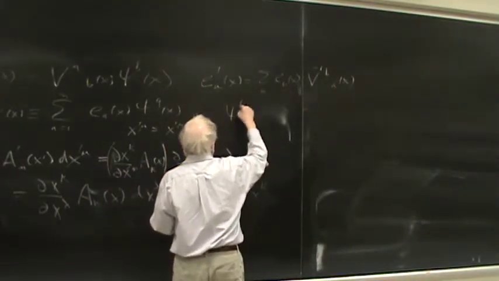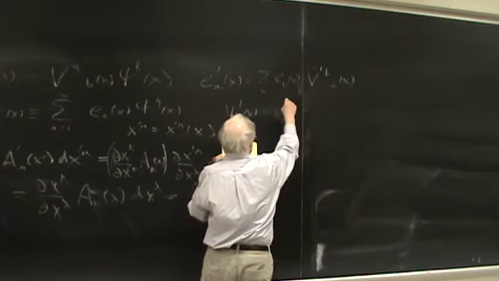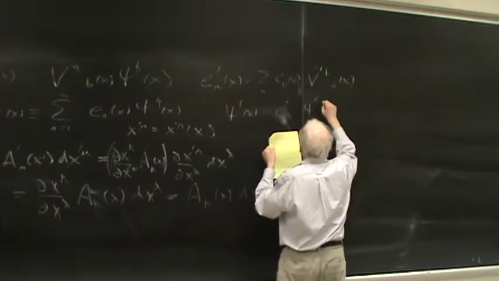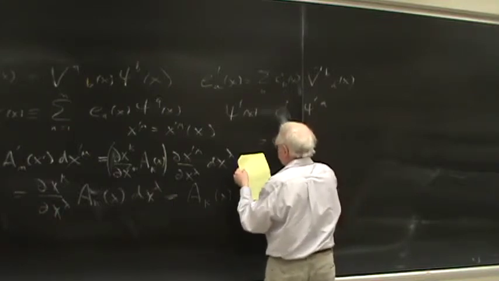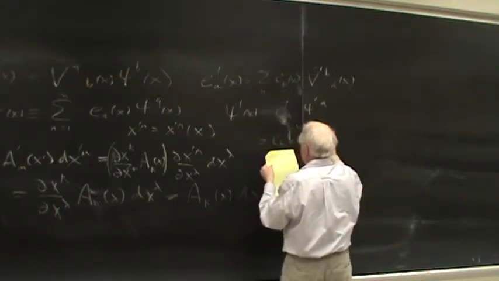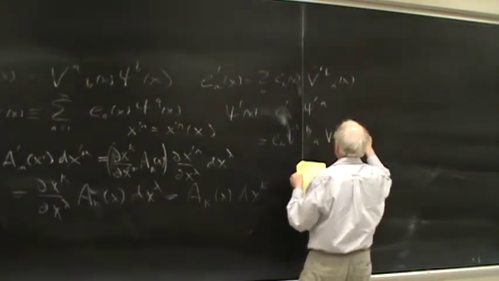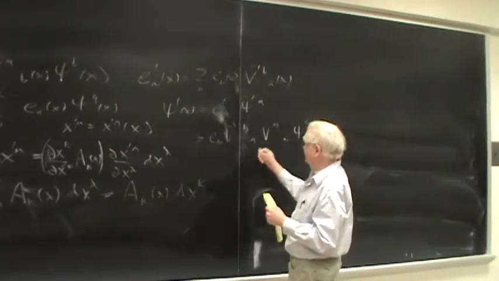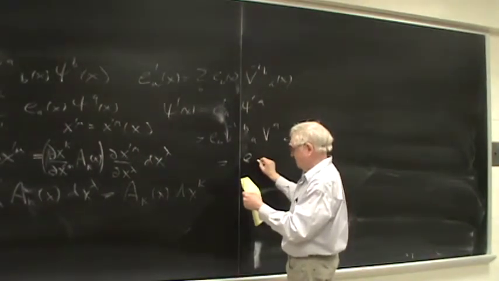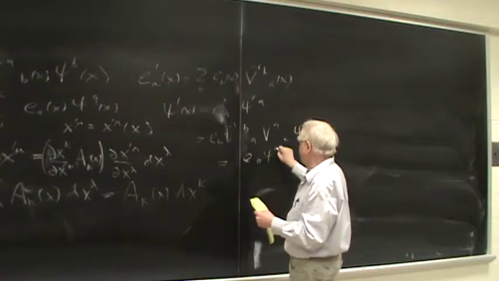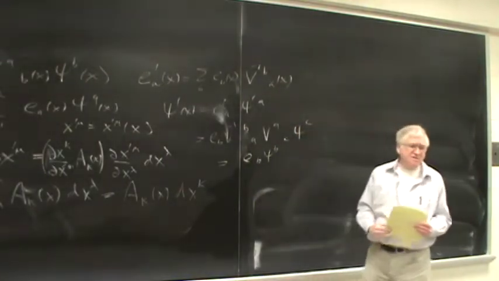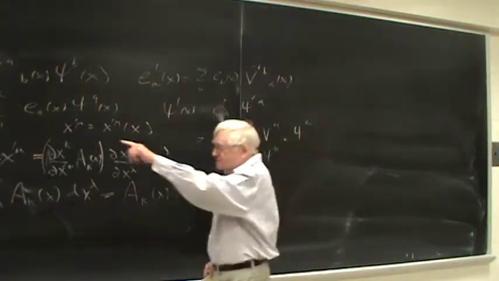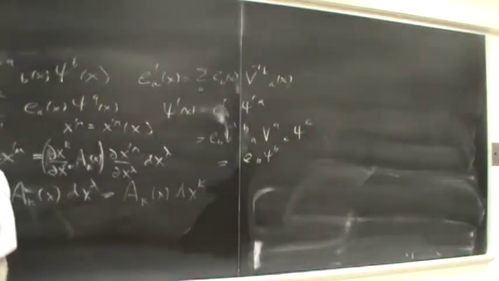In other words, psi prime of x is E prime A psi prime A, and that is E_B V inverse BA, V AC, psi C. And now this is just V inverse V, so this is just E_B psi B. So this psi has the invariance property, one of the nice things about forms.